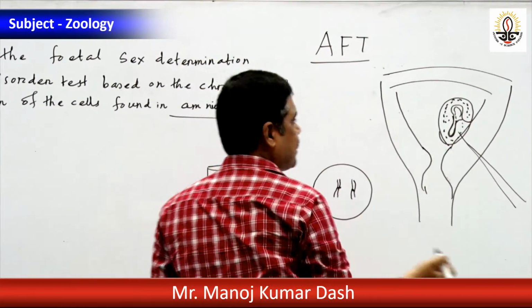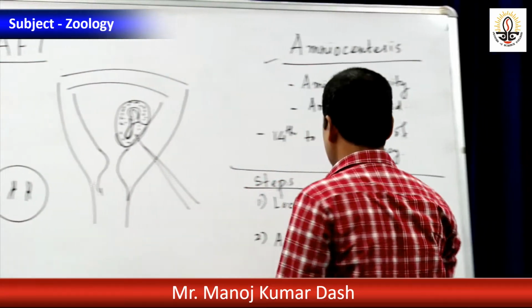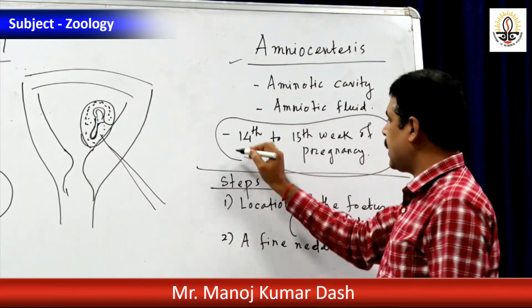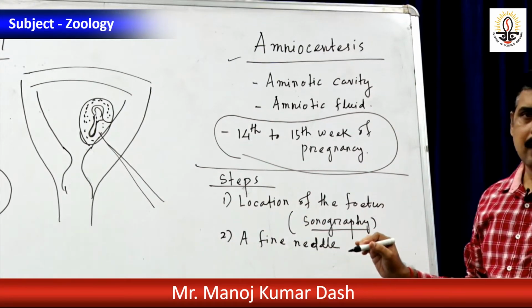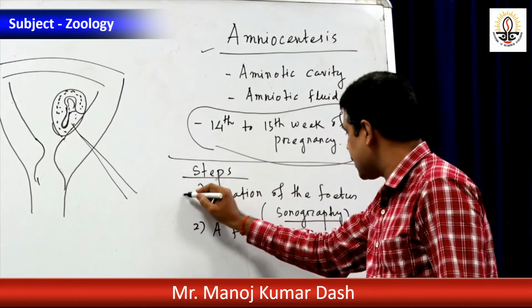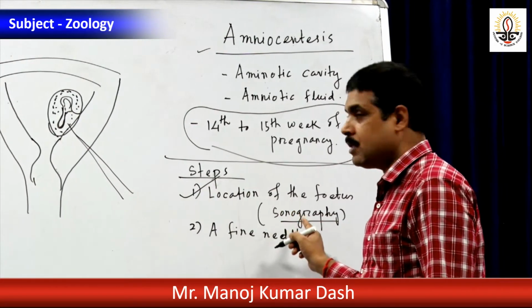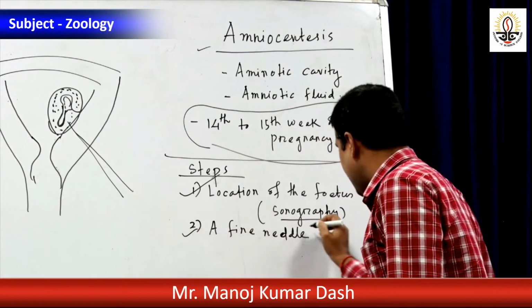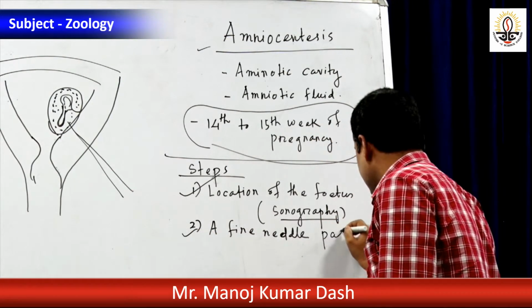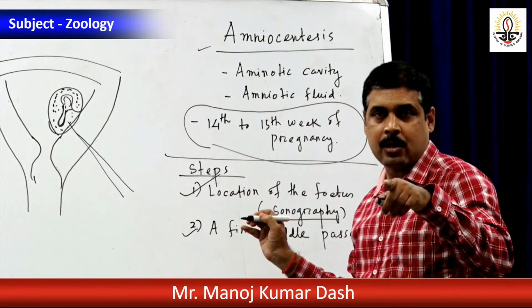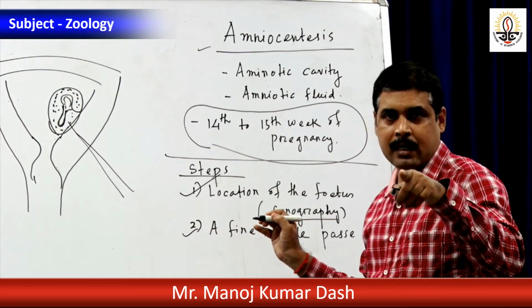Amniocentesis is carried out in early pregnancy, within the 14th to 15th week. How is it carried out? First of all, the location of the fetus is diagnosed by means of sonography. Then a fine needle is punctured into the abdomen and entered through the amniotic cavity.